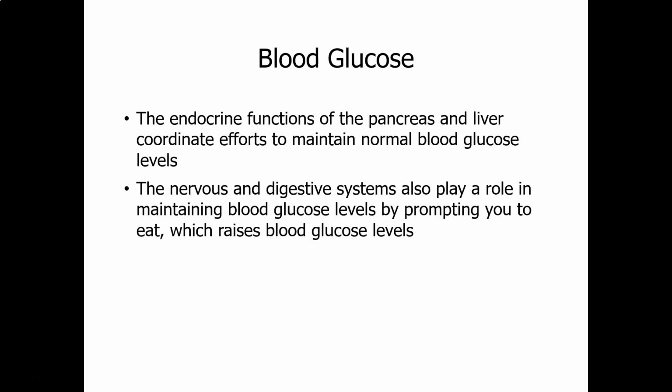All right. Another thing that the endocrine system regulates is the amount of glucose in your blood or sugar in your blood. This is particularly important. It's important for everyone, but particularly for diabetics. What happens is that the pancreas, when your blood glucose levels are high because you just ate a meal, the pancreas releases insulin.